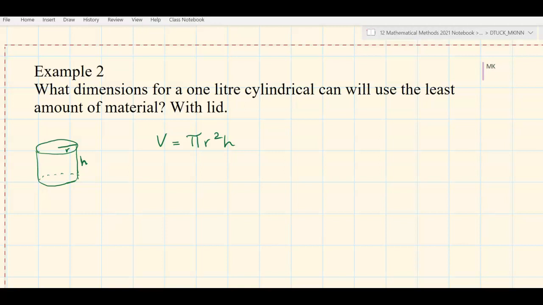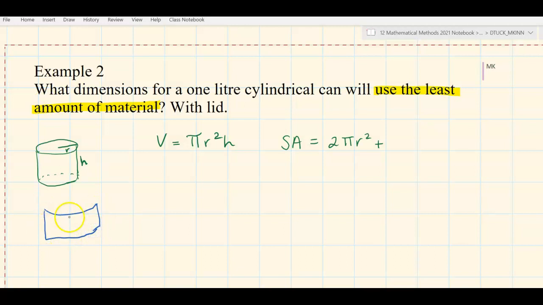So that's one thing that we know about a cylinder. The other thing is we're talking about the least amount of material. Material, we are thinking surface area. So for the surface area of a cylinder, you've got the top and bottom. What are the top and bottom? Circles. So 2 pi r squared plus, if we unravel this middle bit, it's actually a rectangle.